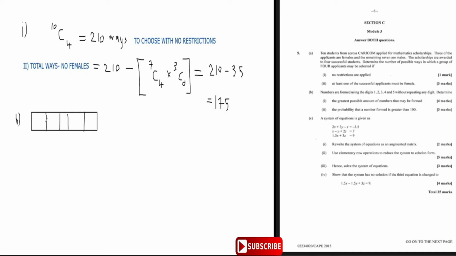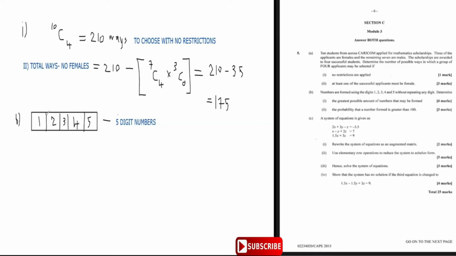This is the amount of 5-digit numbers, so first I'm going to start with the amount of 5-digit numbers. Any number can be at the end, so that's 5. Then 4 other numbers can go here, then 3, then 2, then only one number can go here.